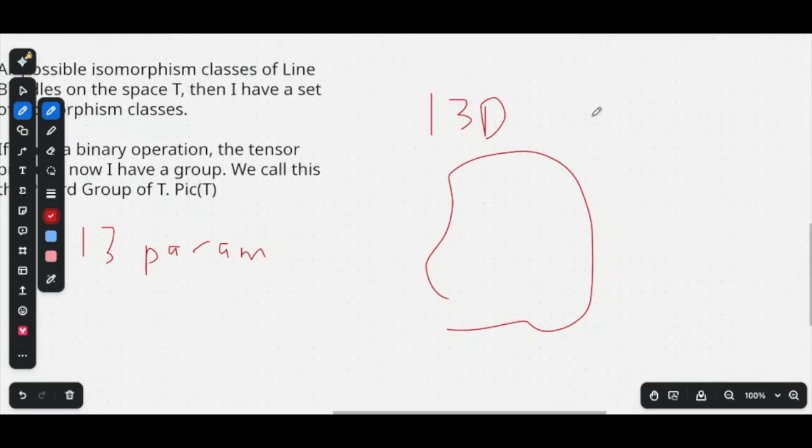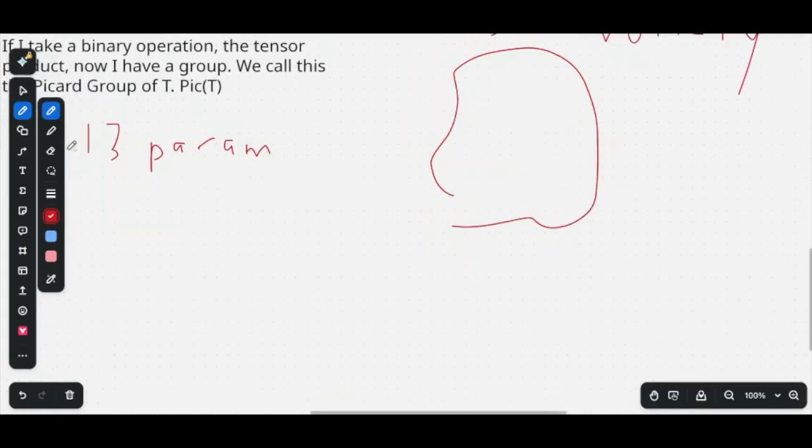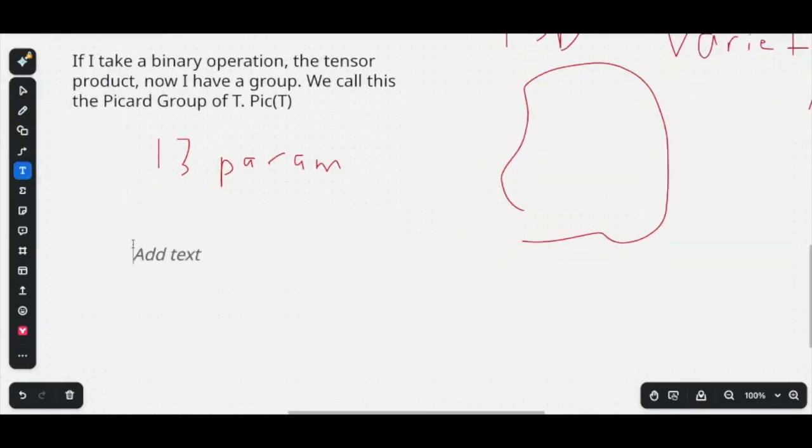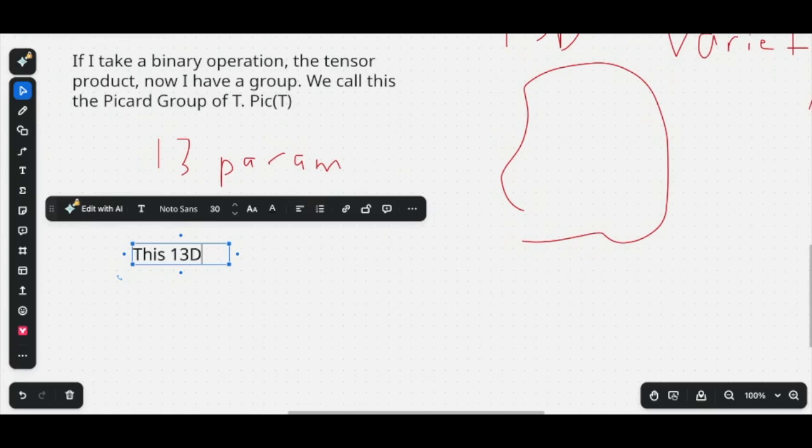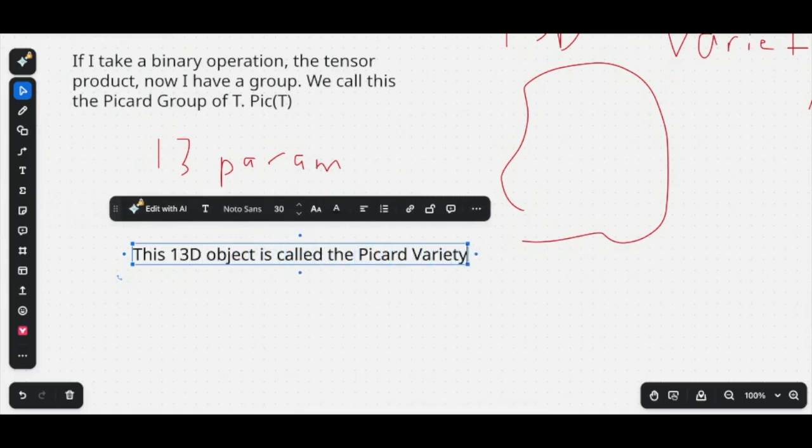And we call this object a variety. Also known as this 13-dimensional object is called the Picard variety.